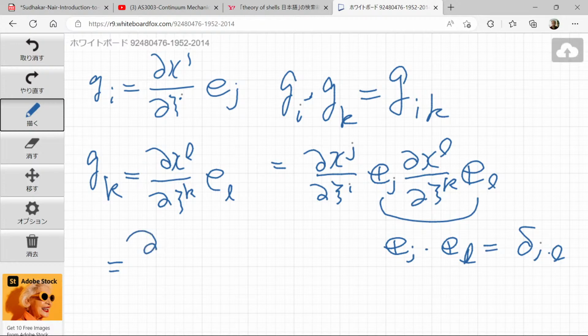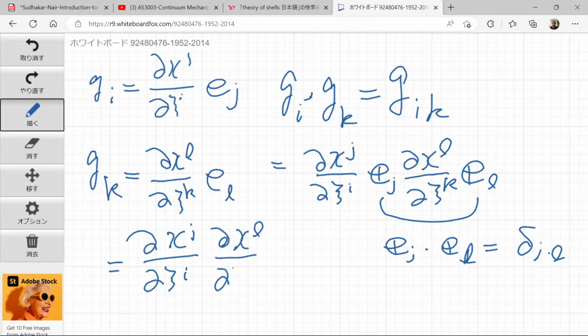Then you have ∂x_j/∂ξ^i, ∂x_l/∂ξ^k, then delta jl.